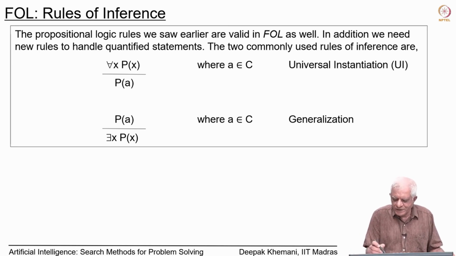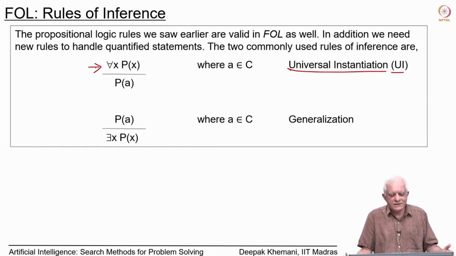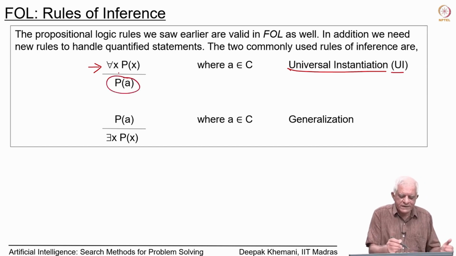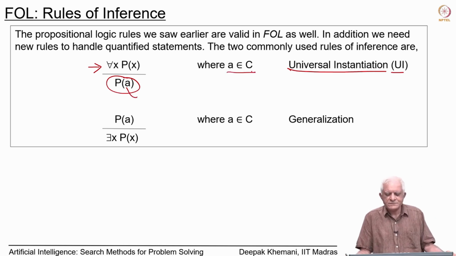One is called universal instantiation. We will use the term UI for short, and what this says is that if you are given a sentence which says that for all x p x is true, then you can infer the sentence that p a is true, where a is a constant.